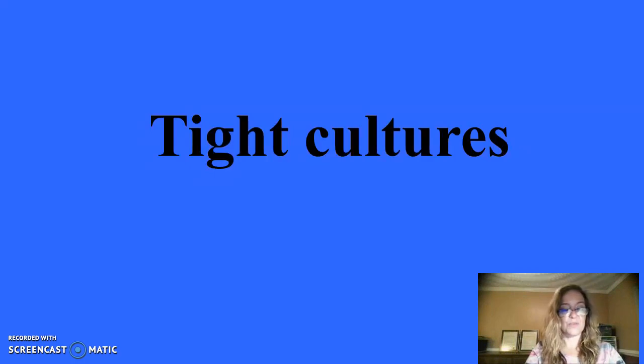So, for example, the United States is a loose culture, and our personal attitudes are fairly good guides for behavior, whereas in India or Pakistan, which are more tight cultures, their personal attitudes are less strongly linked to behavior. And this concludes our discussion of attitudes.